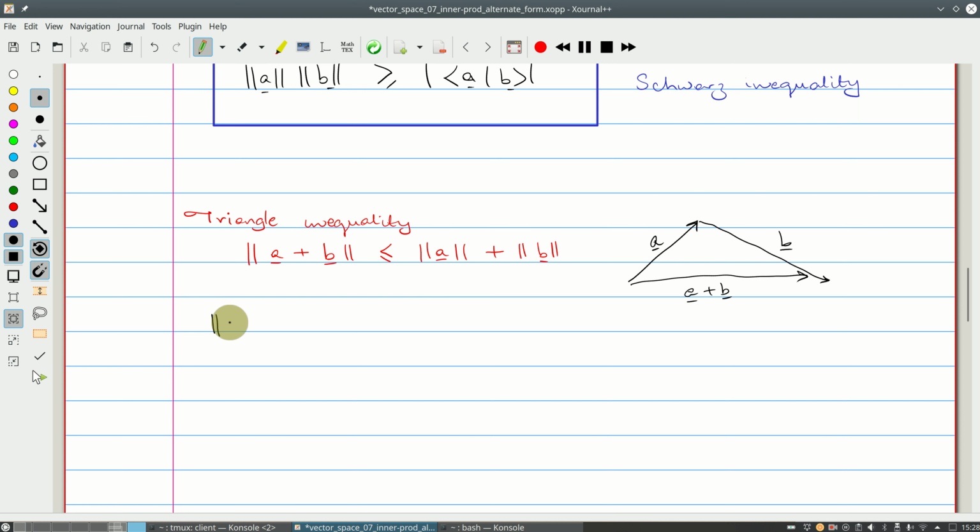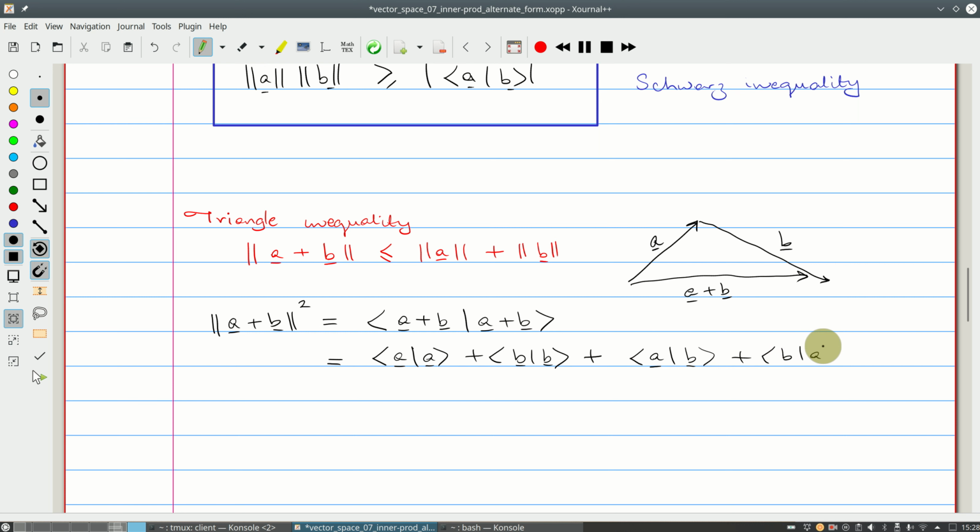You start off with the norm of A plus B squared, and that's equal to the inner product of A plus B with A plus B, and that's just cross multiplying, so we have the squared terms, and then we have the cross terms, which will be the inner product of A with B plus the inner product of B with A.